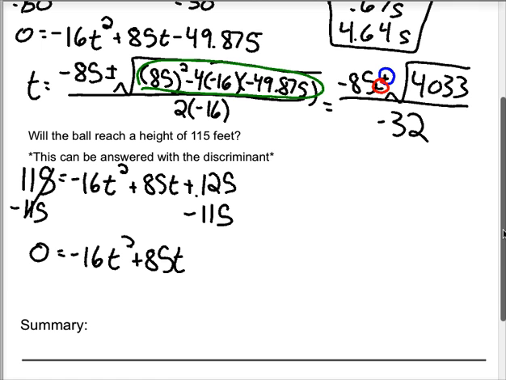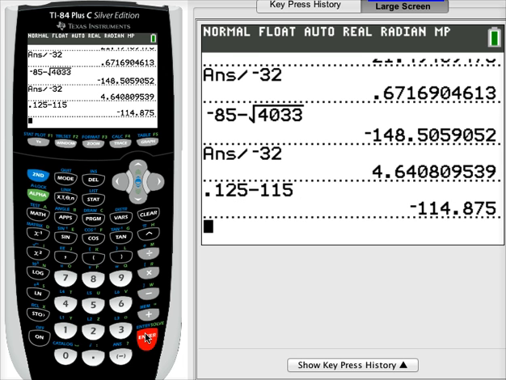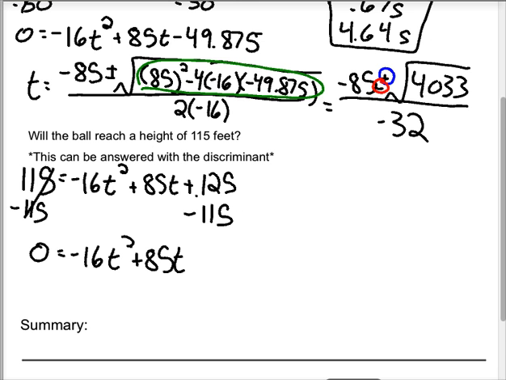And again, if you need a little help because of those decimals, 0.125 minus 115, negative 114.875. So here's our quadratic when we're asking about a height of 115. But because we don't want to know when it reaches it, we just want to know, will it reach that?